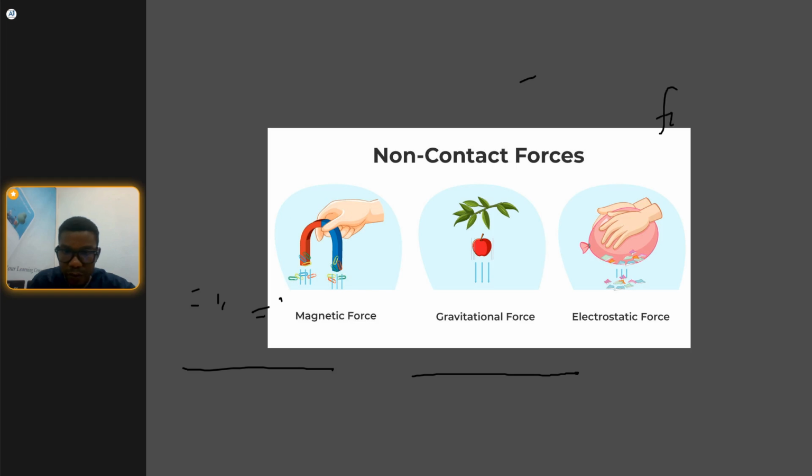So these are the two types of force that we have. Please take note that for motion to occur, force has to be involved, either through pull or push. And we said that we have two categories of force, the contact force and the non-contact force.